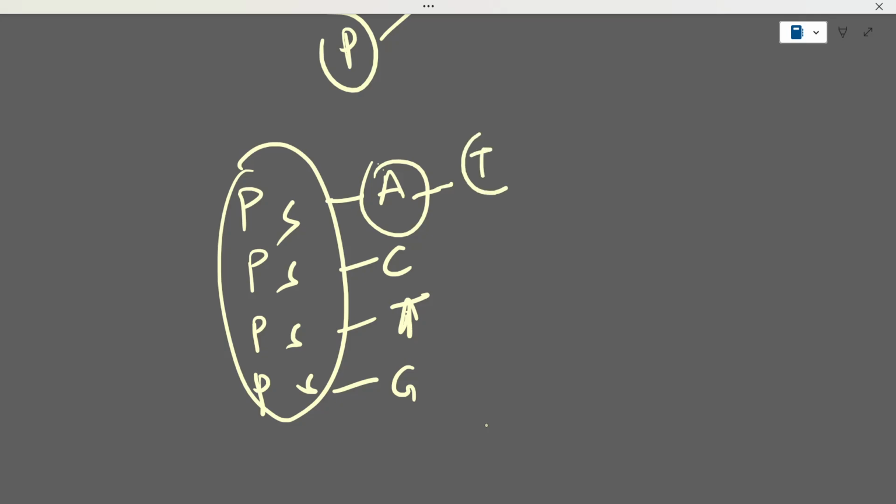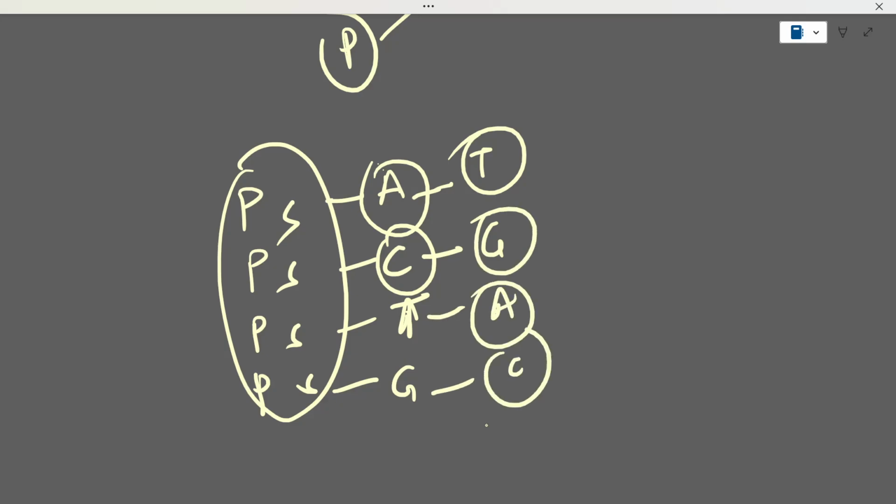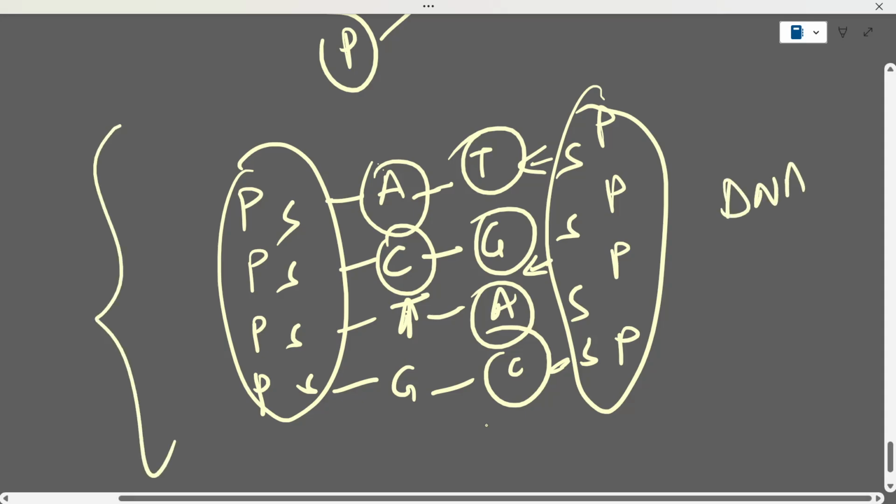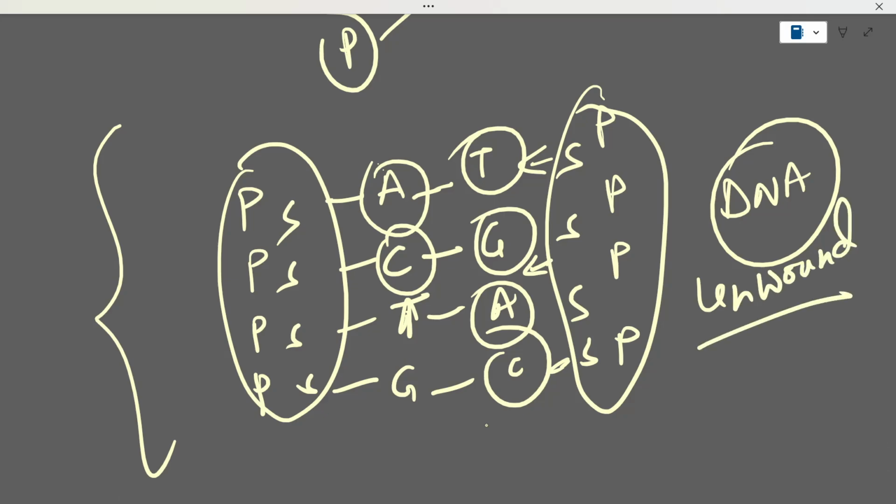When this is represented in a two-dimensional structure, it is represented this way. I'm trying to make it as simplified as possible. This is how the whole DNA structure is formed and unwound, especially in two-dimensional structure.